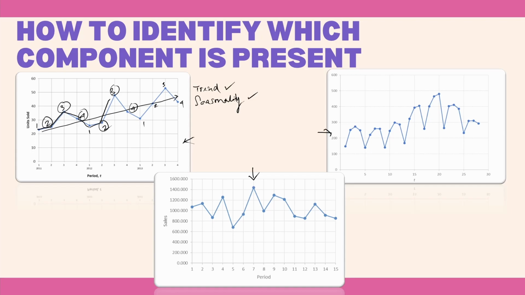So this was for 2011, then the next one is for 2012, and the next one is for 2013, and so on. Just by looking at this graph, anyone can tell you that trend and seasonality are present.